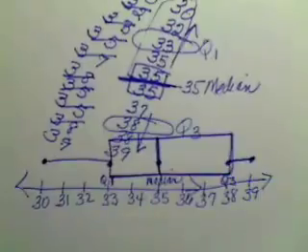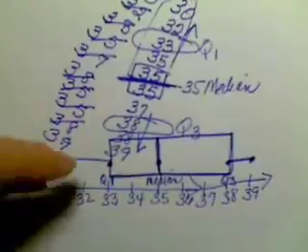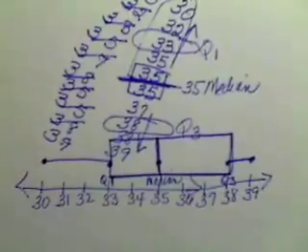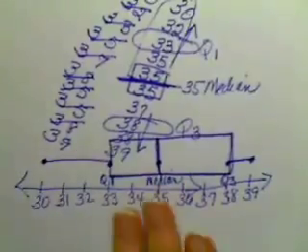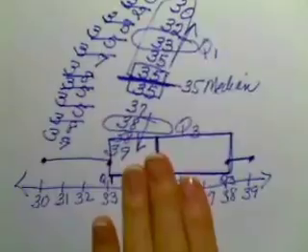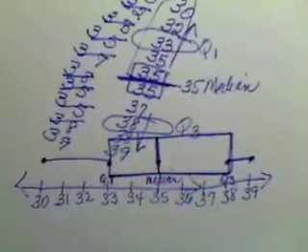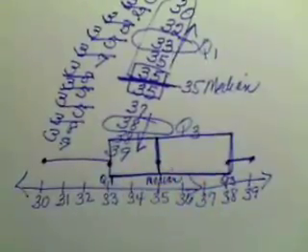Now, a nice thing about the box plot is that it lets us see the numbers that are far away from the middle. And it will allow us to get suspicious about what might be an outlier or what might be abnormal.